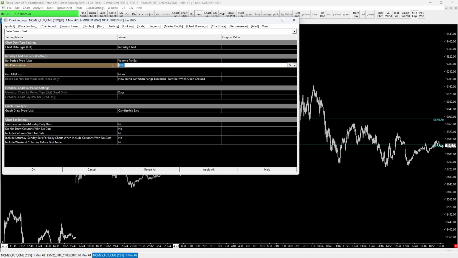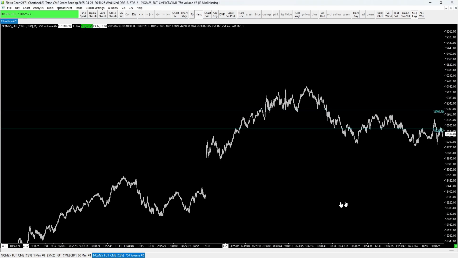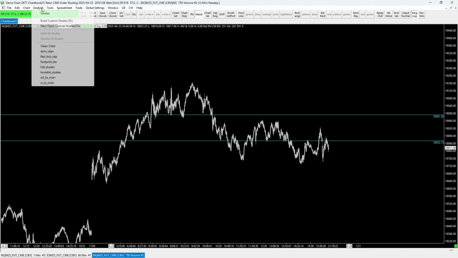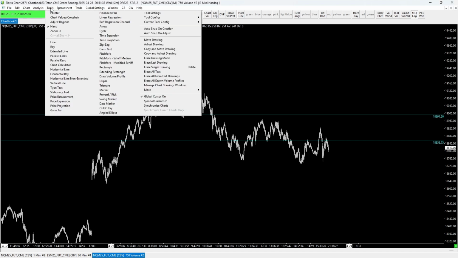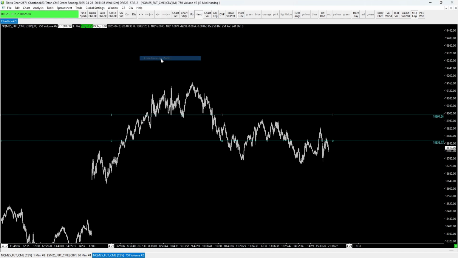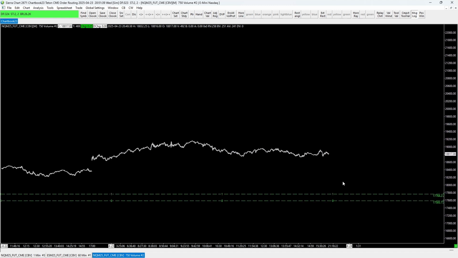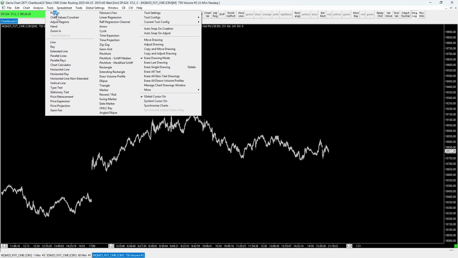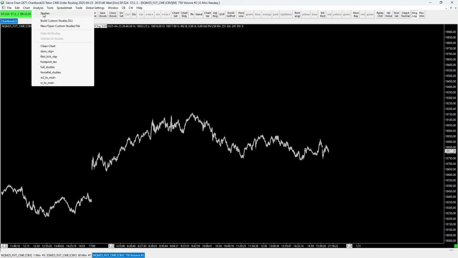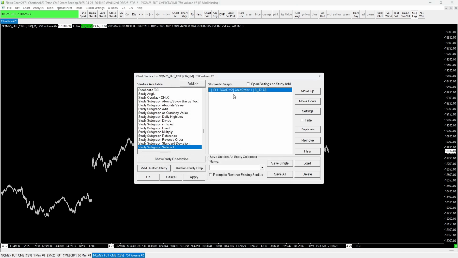Let's do 750, like the session times. All right, let me get rid of these drawings too. Let's say erase drawing mode. SCAD, just take that V2 off there.